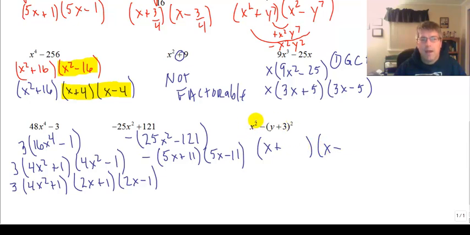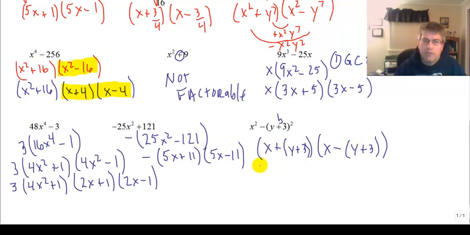So this is like my a, and y plus 3 is kind of my b squared. So it's x plus y plus 3 and x minus y plus 3. Right? x plus b times x minus b.